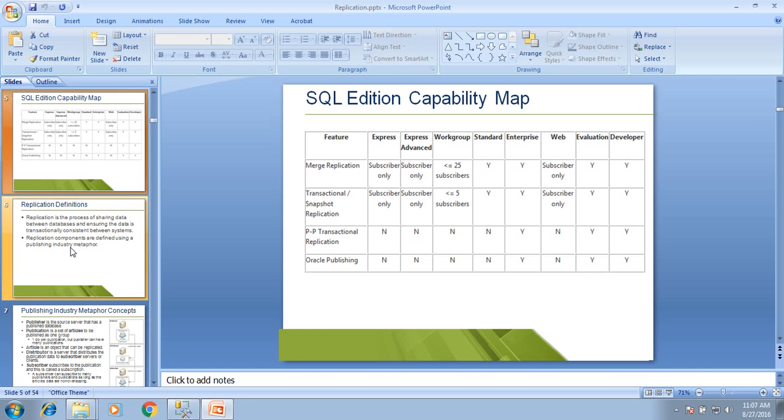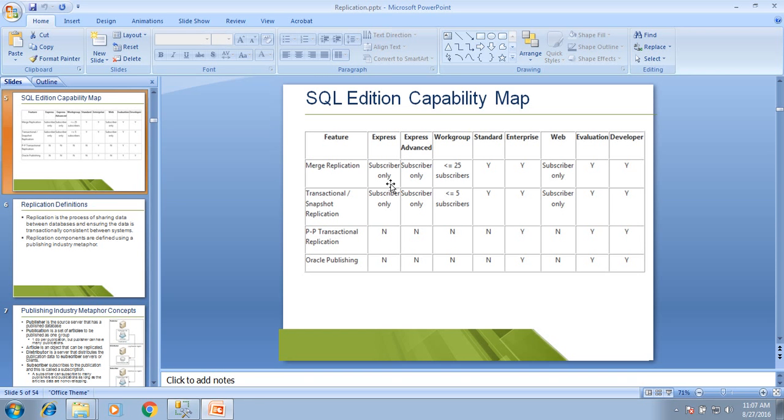Now, please bear in mind that there are various SQL Server editions. What you have installed at the laboratory is just an Express edition. If you would refer to this table, you would see that the Express edition does not support publication. By the way, in replication, in distributed database, there is a publisher and there is a subscriber.